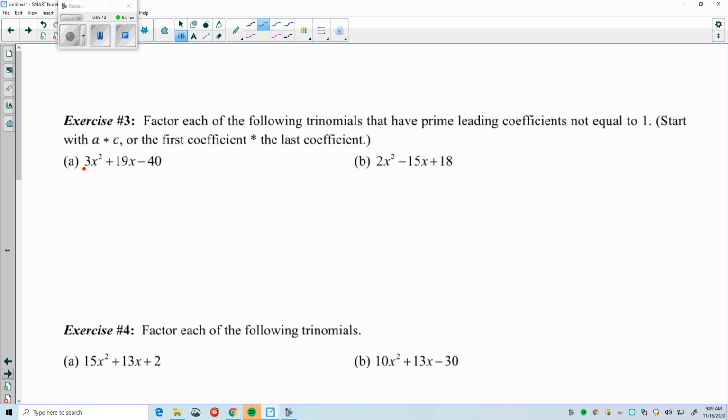So I have something right here that's not 1, different from what we started with. So when we're doing this, this whole multiply and add thing still works. It's just when we do the multiply, I have to take the first times the last. So multiply first times last. And it's still going to add to be the middle term.